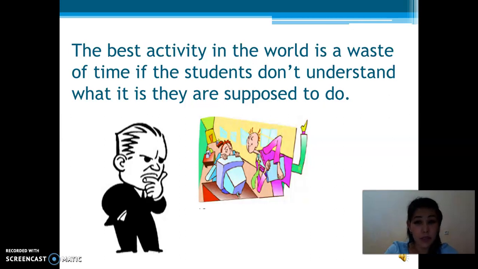But if it's somehow problematic, the teacher tries to code-switch into the mother language. I mean, if the task is not clear enough for the learners, the teacher uses the native language in order to explain the activity.